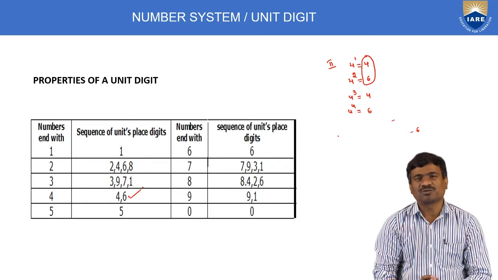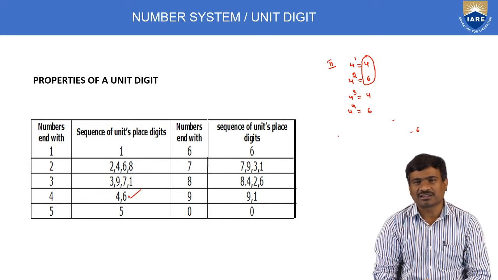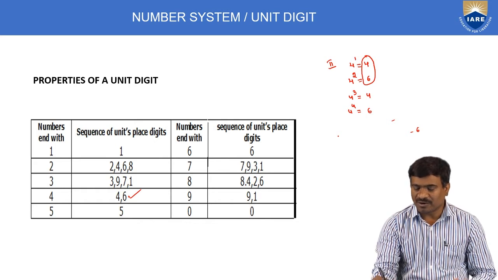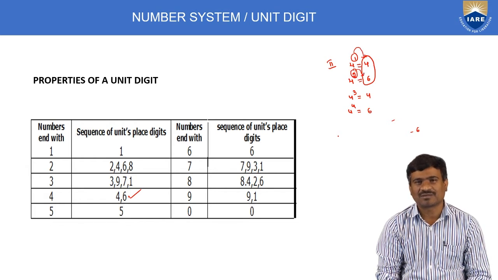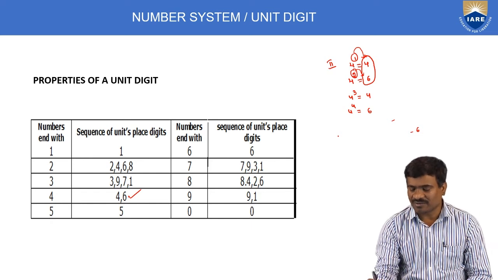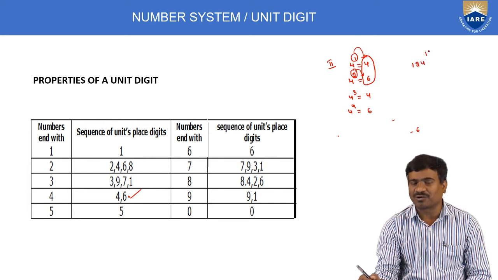For 4 type questions, check whether the power is an even or odd number. When the power is an odd number, the answer is 4. When the power is an even number, the answer is 6. Example: find the last digit of 124 to the power of 124.